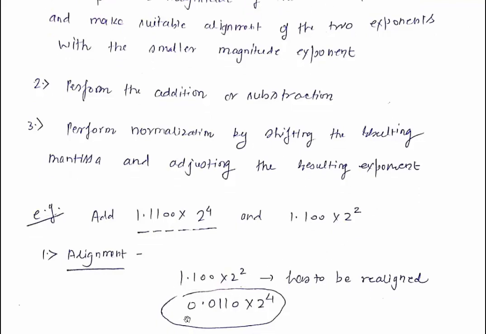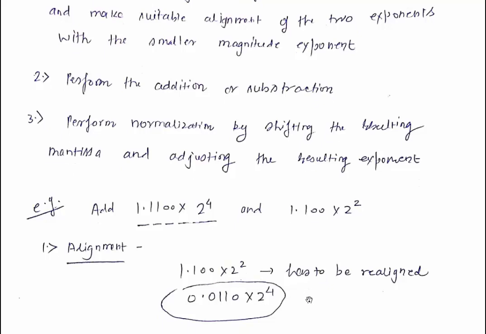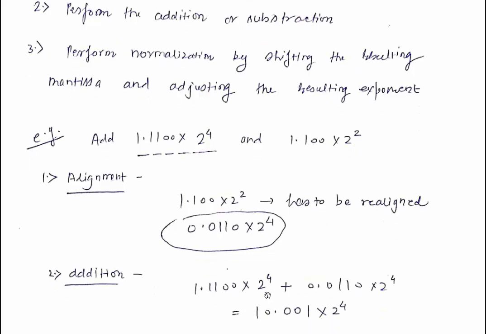So this number would be converted to 0.0110 multiplied by 2 raised to power 4. We have shifted the radix point 2 bits to the left, and we are getting 2 raised to power 4 as the exponent. Now both of the exponents are the same, 2 raised to power 4. Then you can perform the addition or subtraction.